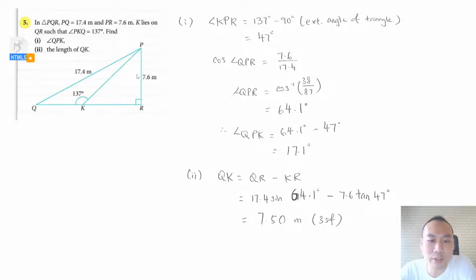So using the sine ratio, we know QK in terms of the other information. Then we can also find KR using the triangle PKR. We can use tangent. Tangent 47 degrees, which is this angle over here, is KR over 7.6. So KR is 7.6 tangent 47. Press our calculators properly, we get 7.50 meters, to 3 significant figures.